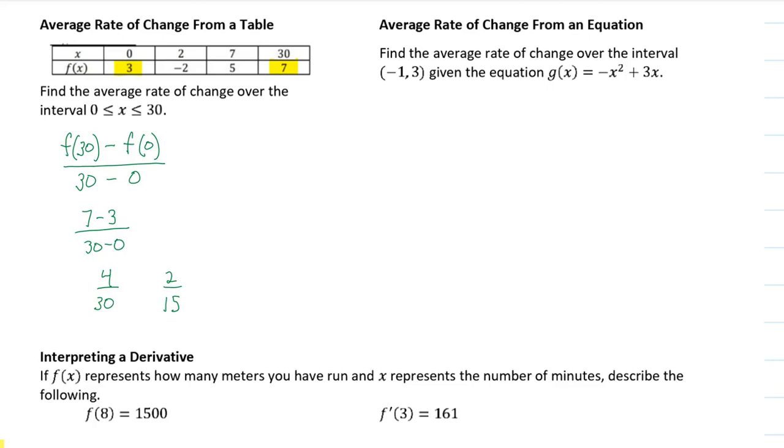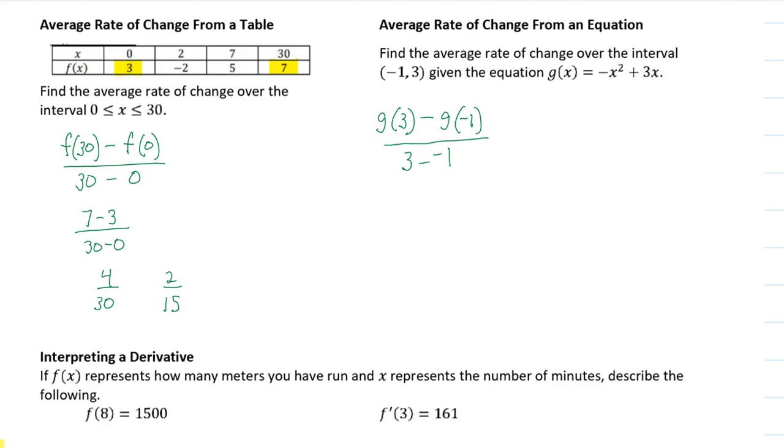So if I'm going to do this, the first thing I need to do is find f of 3 minus f of -1 all over 3 minus -1. So that's the first thing I need to do. That means I'm going to plug those values in, 3 and -1, into my function. And actually, in this case, I just realized this is a g function, so I'm going to change these to g of 3 and g of -1.